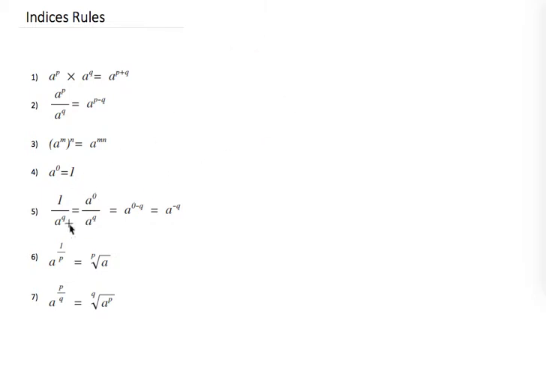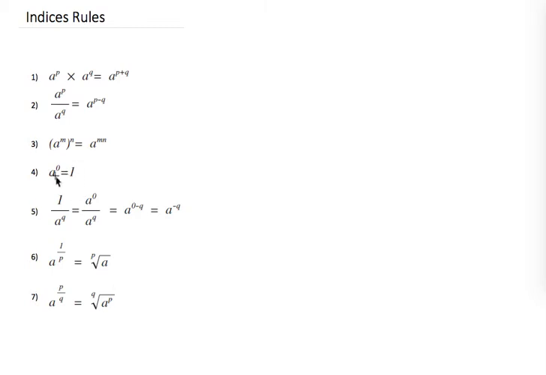Rule number 5, 1 over a to the power of q equals a to the power of 0 divided by a to the power of q. You might be wondering, how do you go from this 1 here to a to the power of 0? Well, rule number 4, a to the power of 0 is 1.